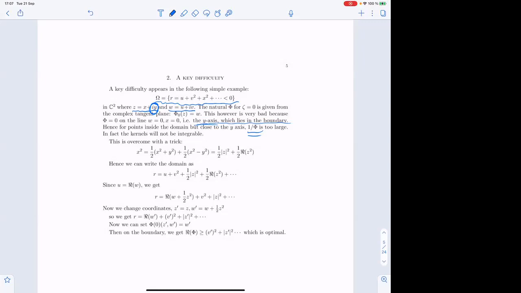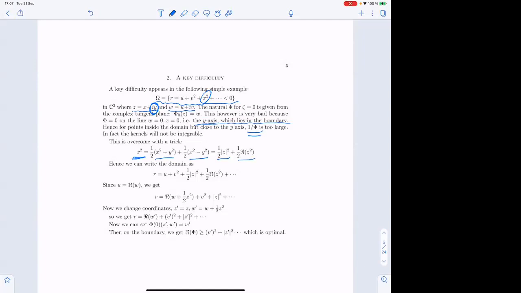This will appear in various versions later. You take this term x squared. Remember that y squared is missing. You split it into a sum of two parts by adding and subtracting y squared. Then you can rewrite it as half times the norm of z squared and half times the real part of z squared.